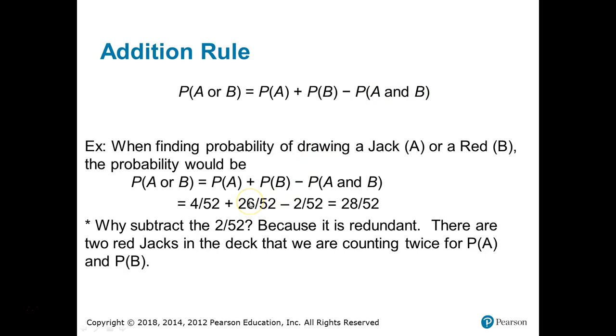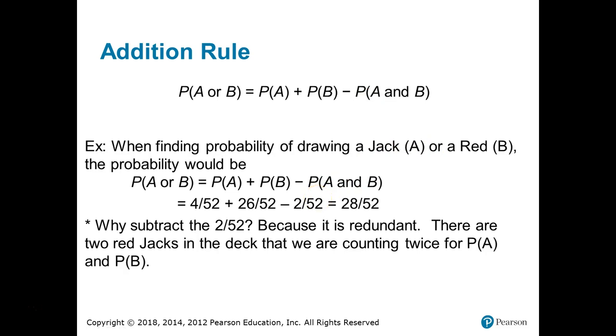So in a standard 52 card deck, there are 4 jacks, so that's 4 out of 52, plus there are 26 red cards, so 26 out of 52, and then we have to subtract the probability of it being a jack and a red, 2 out of 52. Why do we have to subtract out that 2?